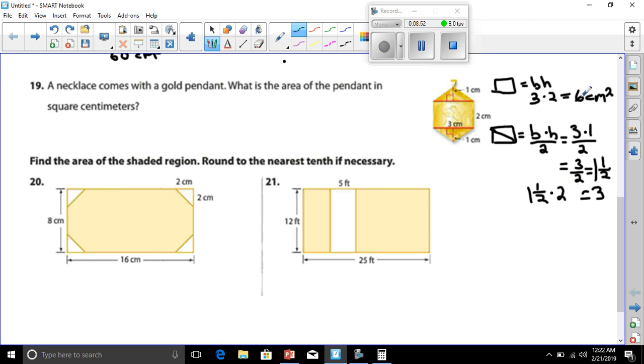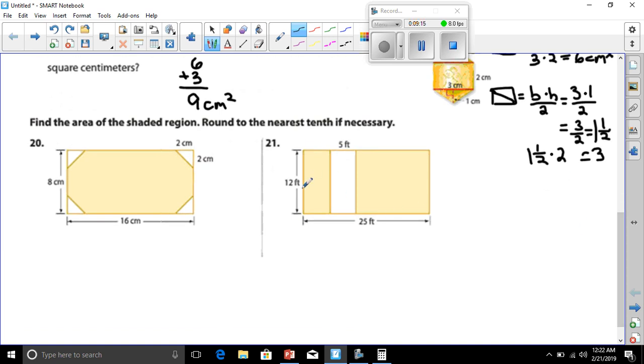Okay, so now we have to add these two together to get the total. Well, 6 plus 3 is 9. So that means 9 centimeters squared is the area of the entire pendant. All right, let's go to number 21.